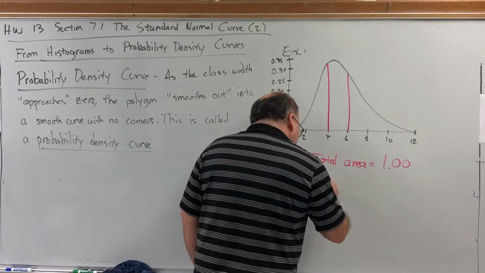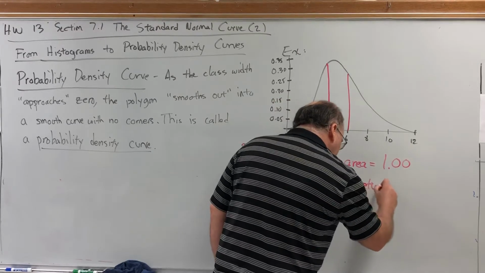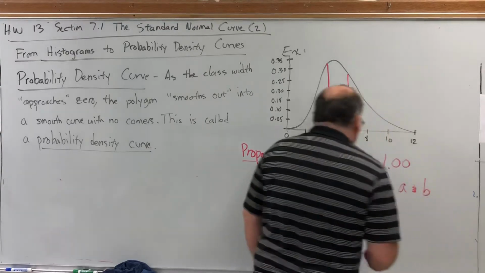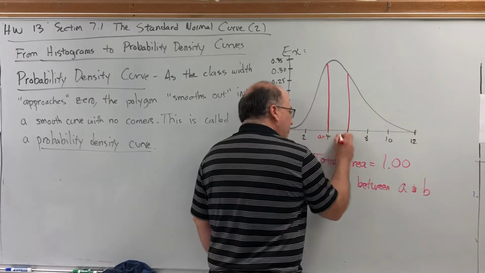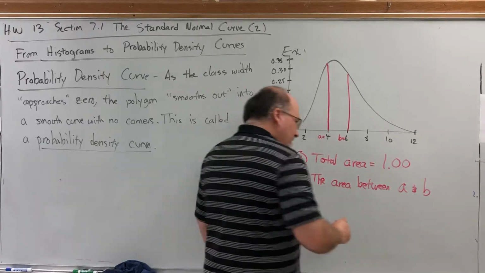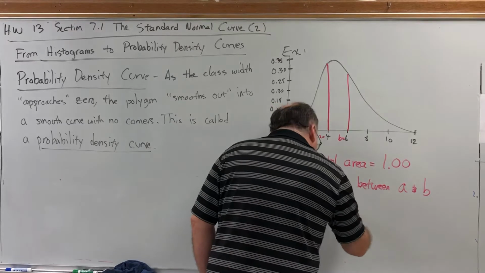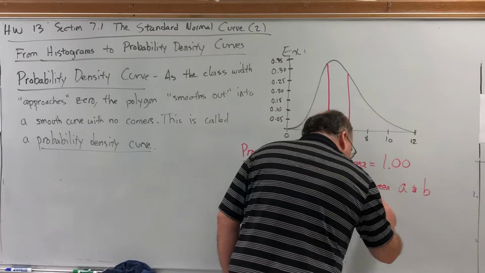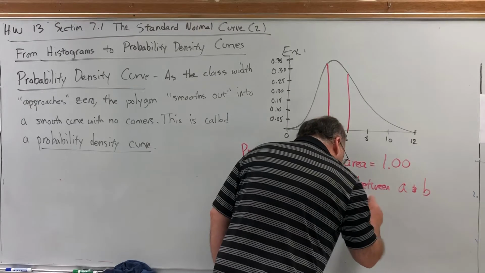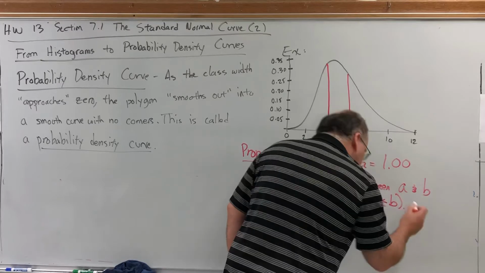Specifically, the area between, we'll say A and B. In this problem, we'll have A equals 4 and B equals 6, but we'll get back to that in a second. The area between A and B equals the probability that a value, we'll call that value X, is greater than or equal to A, but simultaneously less than or equal to B.